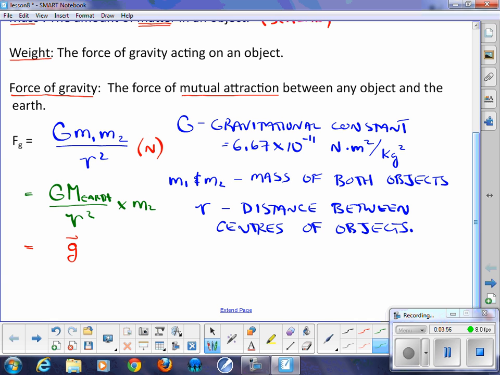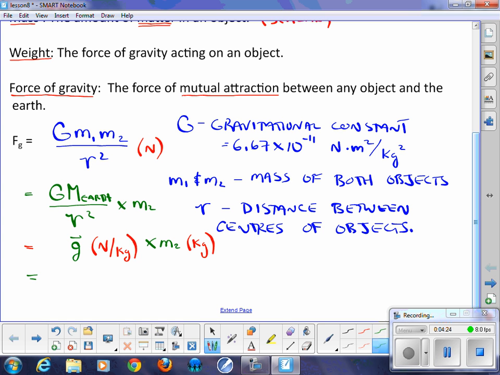So let's put it in this format. Let's go with g, and in brackets I'll put newtons per kilogram. So it is your field strength multiplied by m2, which is measured in kilograms. And again, on Earth, that g, or newtons per kilogram, what we're ending up with is mass times acceleration.